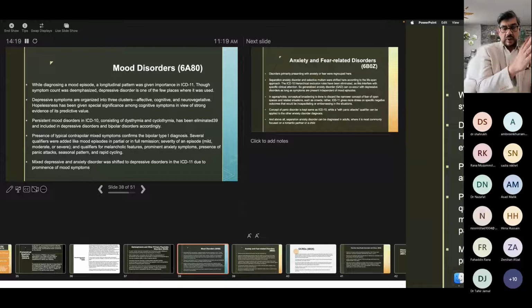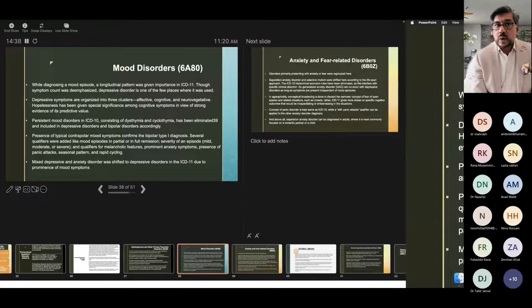If somebody is having dysthymia or cyclothymia or rapid cycling, they should come in bipolar disorders or mood disorders, and one or two types should be there, rather than making it too complex and confusing for further management strategies.